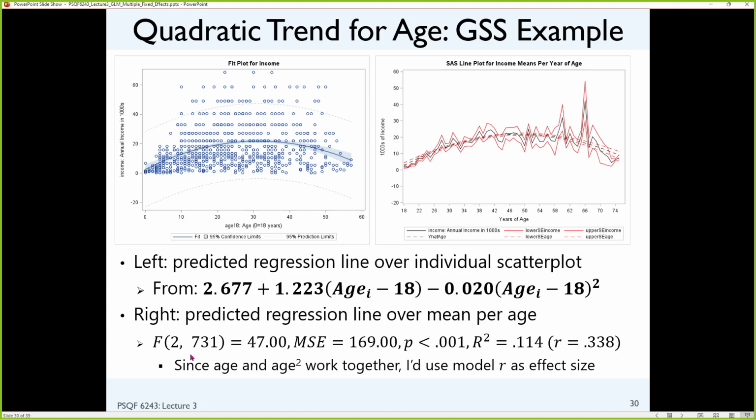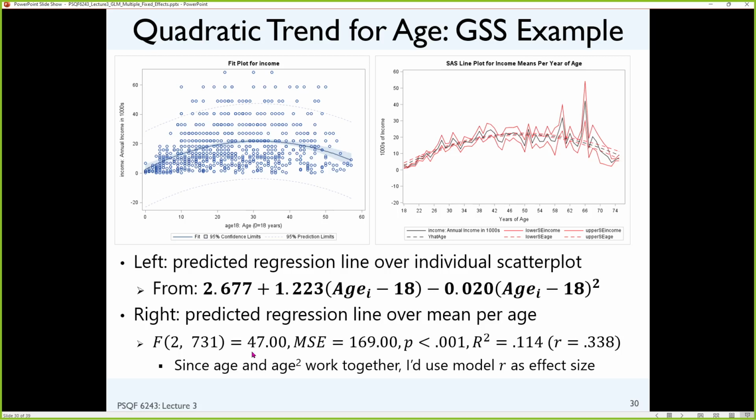So in this model, I have 734 people. I have 731 here because I spent 3 fixed effects, the fixed intercept and the 2 slopes. I could add 731 more slopes, things. F is 47. So I don't need to get out my critical table to tell you that that's going to be a significant F.